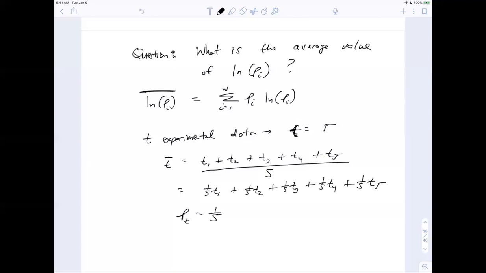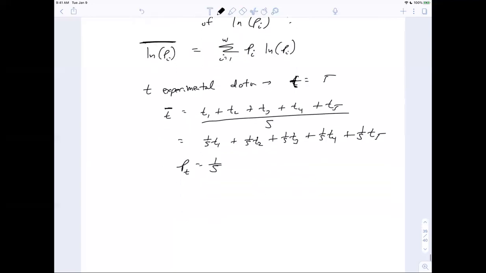If the final were 50%, then you would use 50% for that weight, and everything else would have a different weight. But all of the weights would add up to 1. Here, 5 times 1/5 is 1, so the probability of any given state is 1/5.